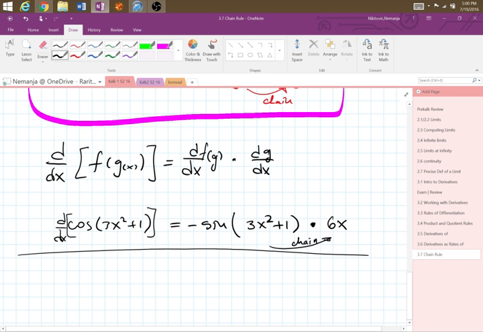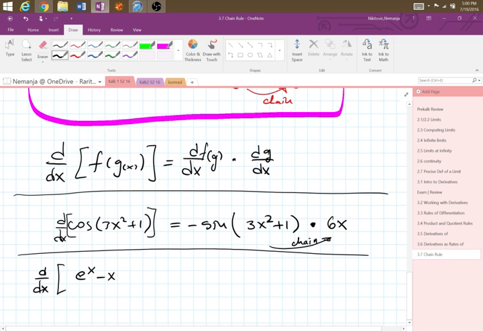These are examples. Let's find the derivative of e to the x minus x, everything raised to the 10th power. So what should I do?